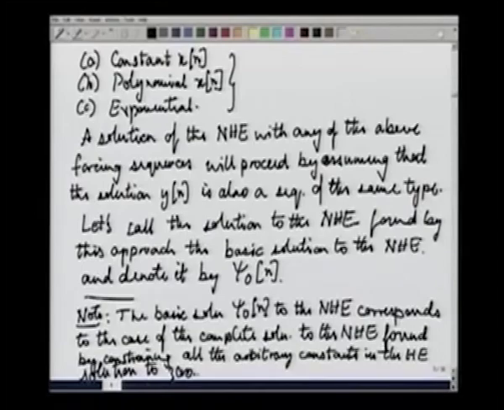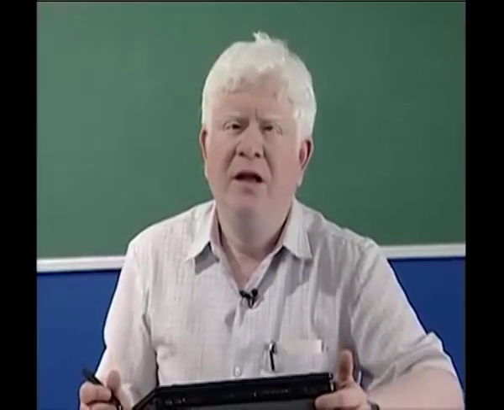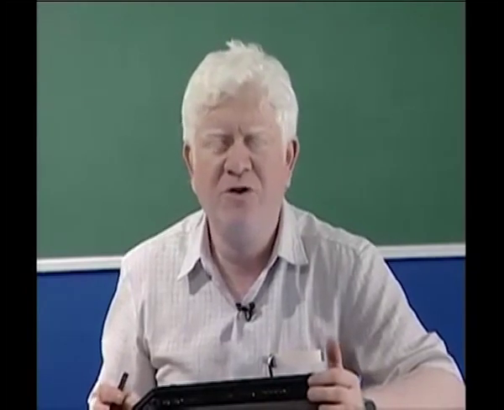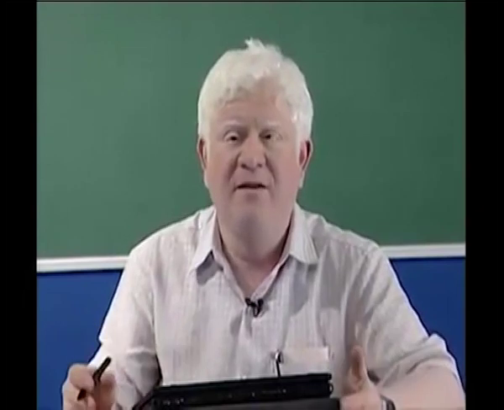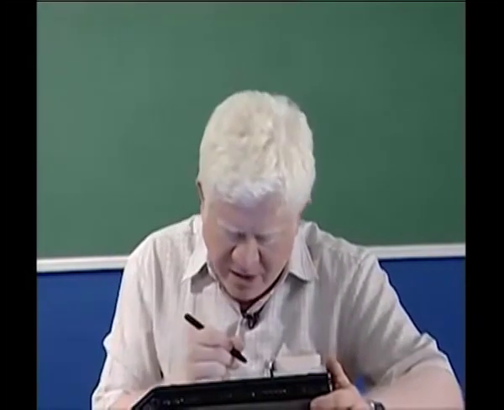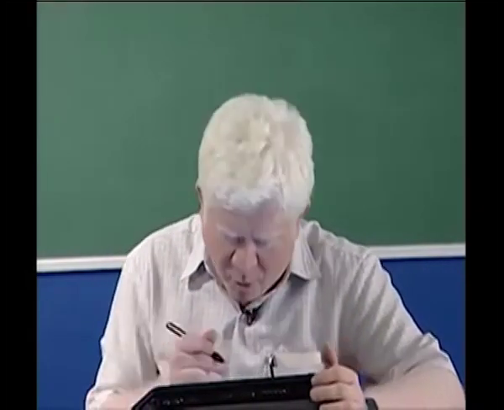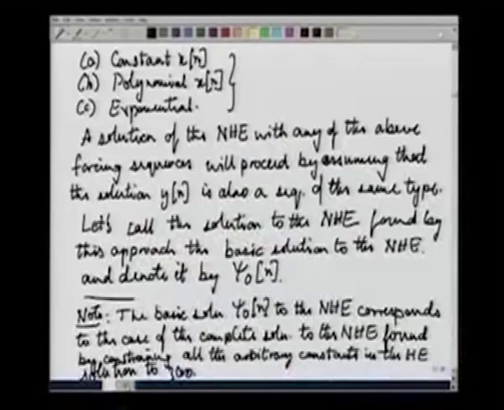So if you constrain all the arbitrary constants to 0 in the solution of the homogeneous equation, then what you get as the complete solution is nothing but psi naught. And what you get as psi of t is the more general case. So, we are now at point 4.